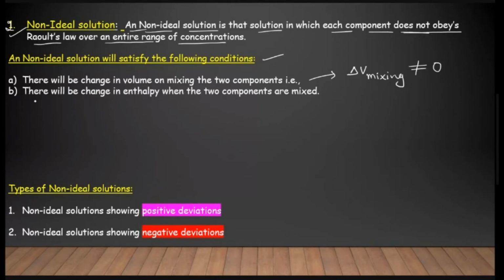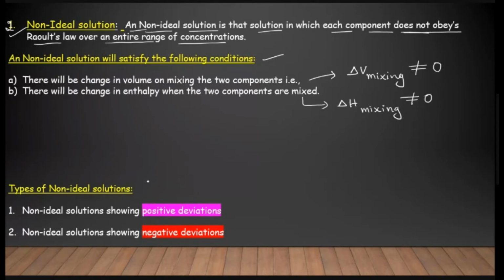Similarly, the second condition is there will be change in the enthalpy when the two components are mixed. That is, delta H mixing is also not equal to 0. So they have to satisfy these two conditions, then only they behave as a non-ideal solution.